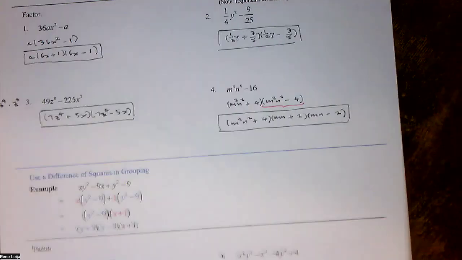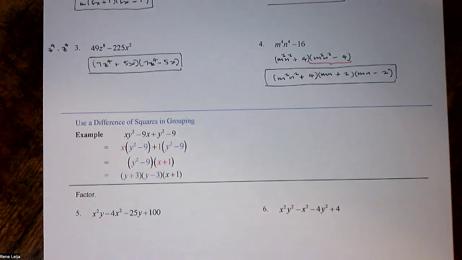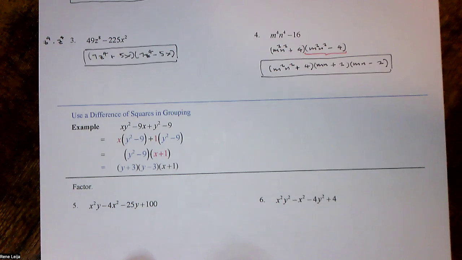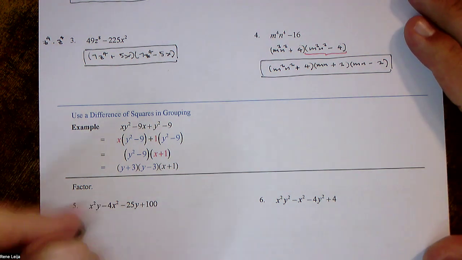Now, number 5, using a difference of squares in grouping. Okay, so this is actually what we just did in number 4, but except it's going to be from grouping.